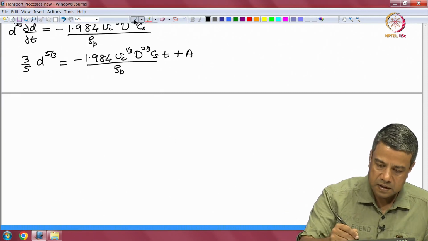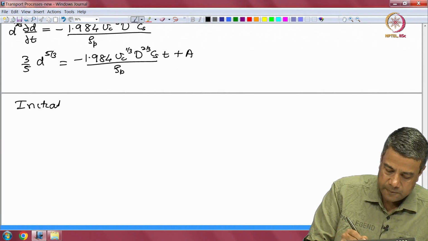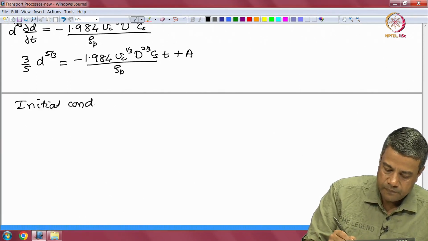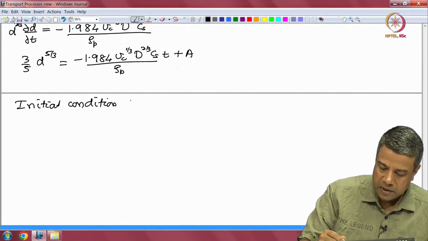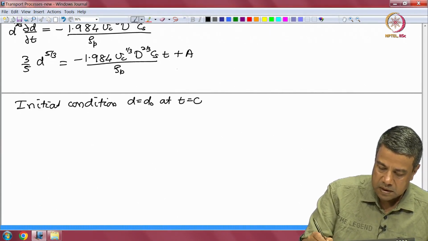This constant of integration is determined from the initial condition, that d is equal to d naught at t equals 0.